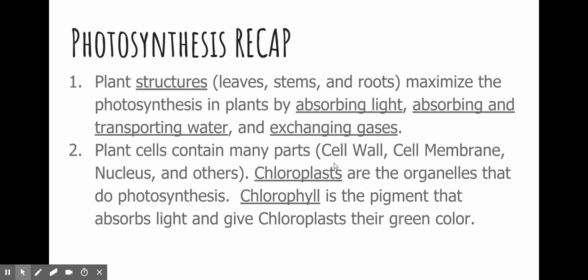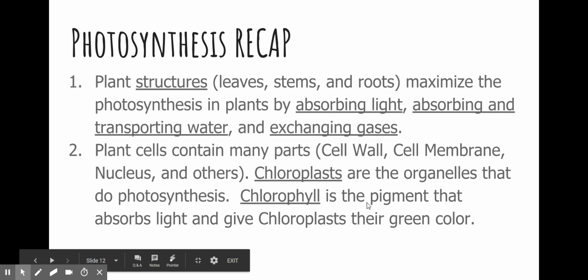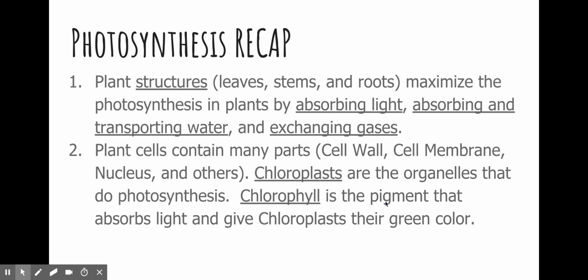They have a cell wall, cell membrane, nucleus, cytoplasm, but the chloroplasts are the cell part, the organelle, that actually does photosynthesis. Chlorophyll is the pigment inside of chloroplasts that gives chloroplasts their green color, but also absorbs the light energy from the sun and transforms that into usable cell energy in terms of photosynthesis.